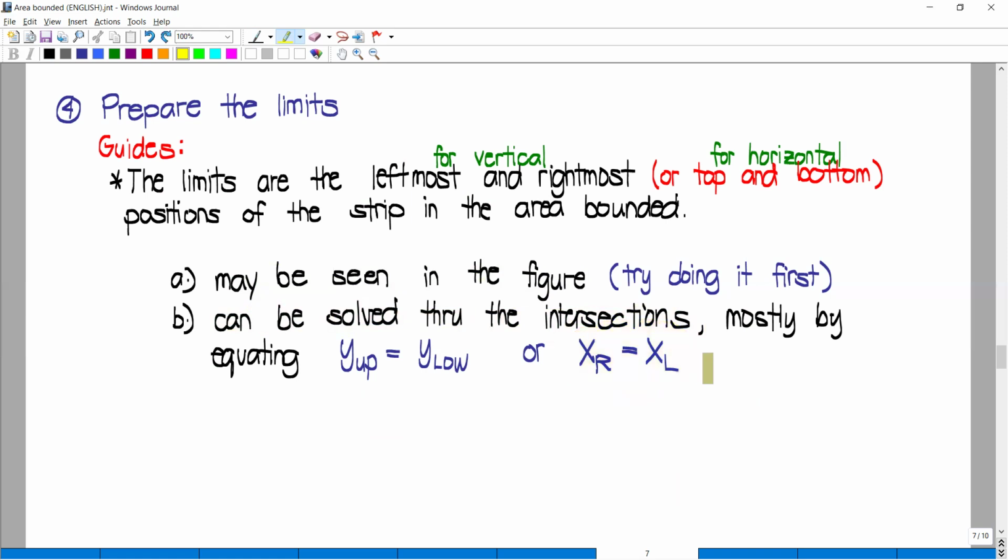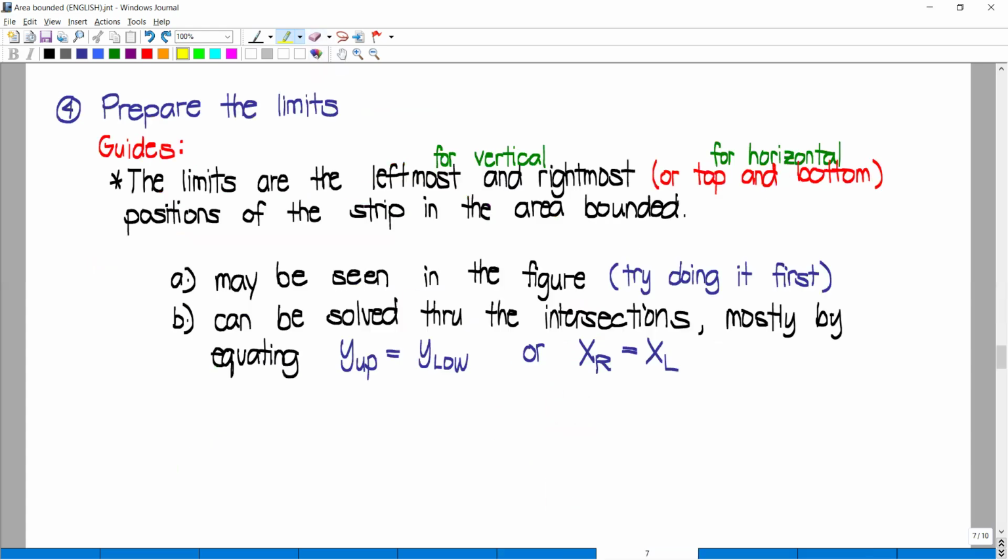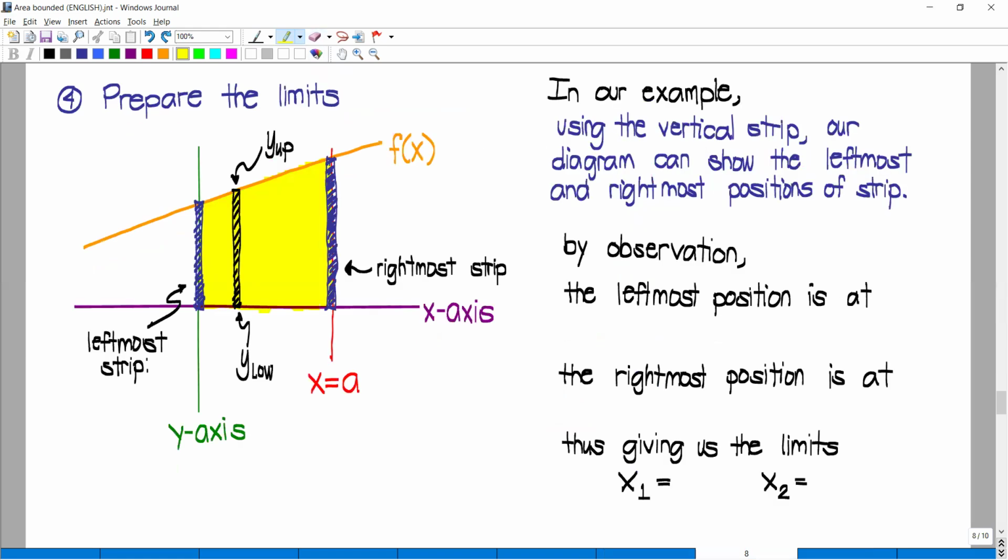So that is the importance of step number 3. We have the preparation, or if we do not write the preparation, in our mind we know what the y up and y low are, and the x right or x left. Okay? So let us see here.